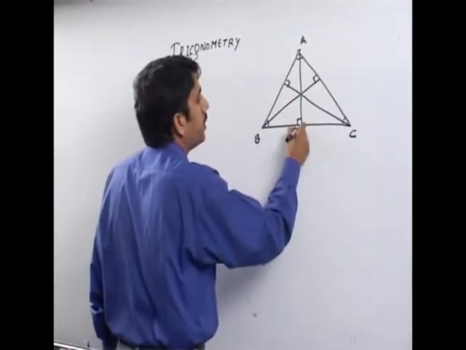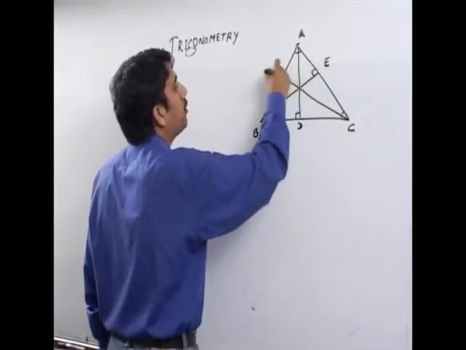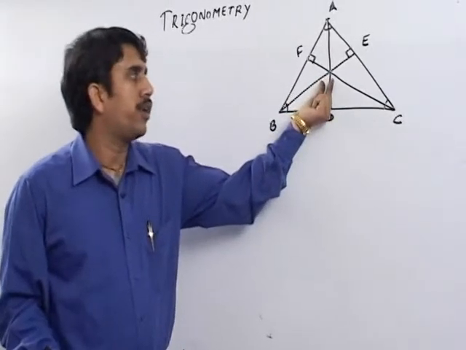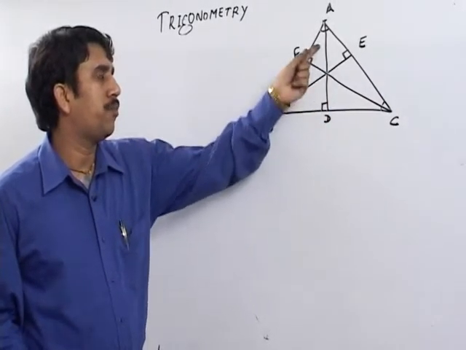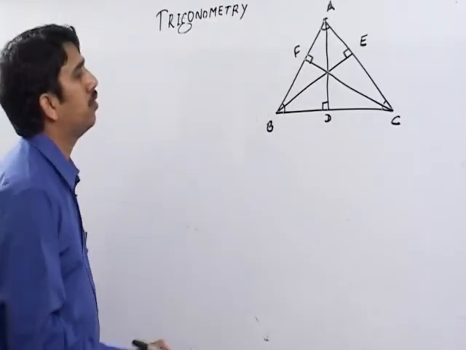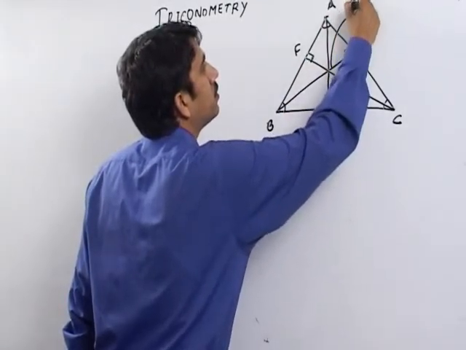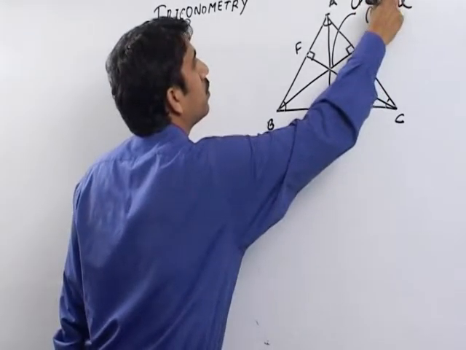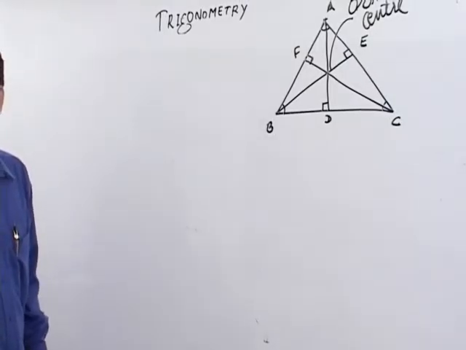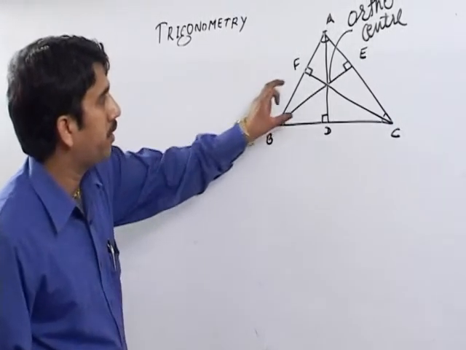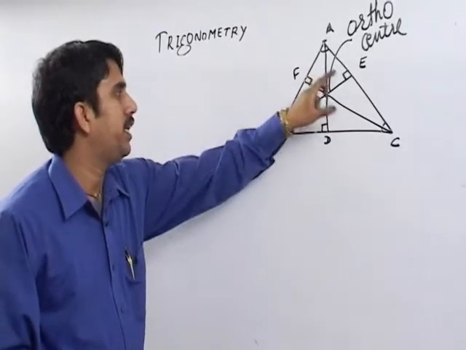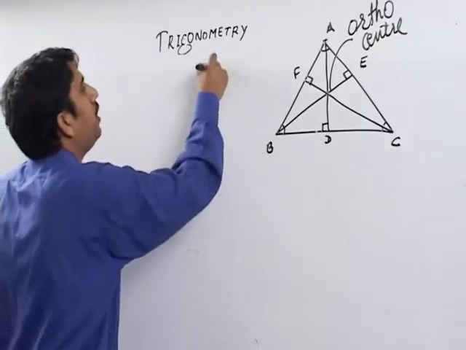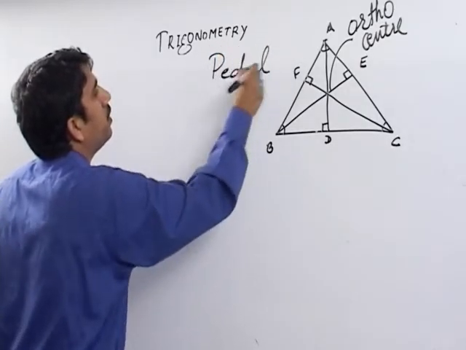Let this point be D and this point be E and this point be F. Then the point where these three perpendiculars meet, that point is called orthocenter. And if you join these three points D, E, F, a triangle will be formed. The triangle is called pedal triangle.